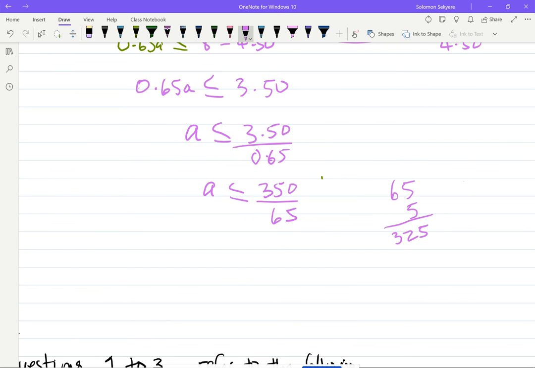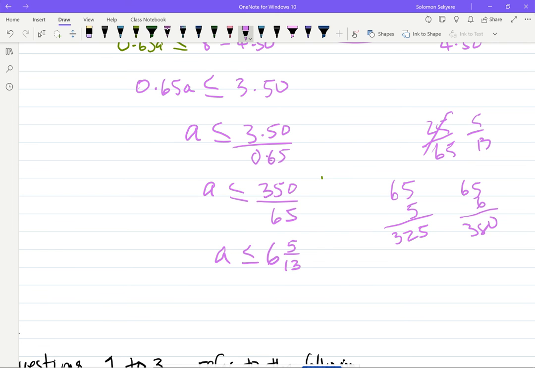If we do times 6, 0, remember 3, 36 plus 3, 38. If we do that, we go over. So this is going to be A is less than or equal to 6. Remember 25 over 65, which is 5 over 13. So it is 6 and 5 thirteenths.